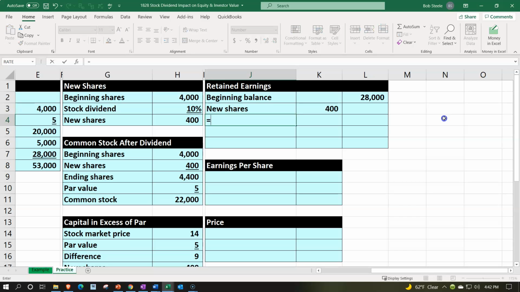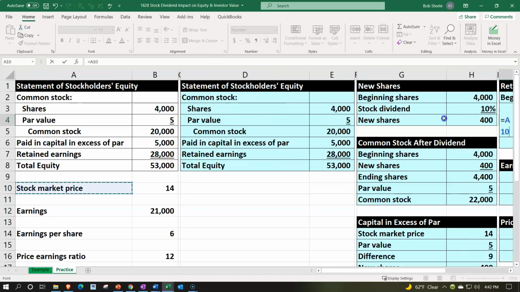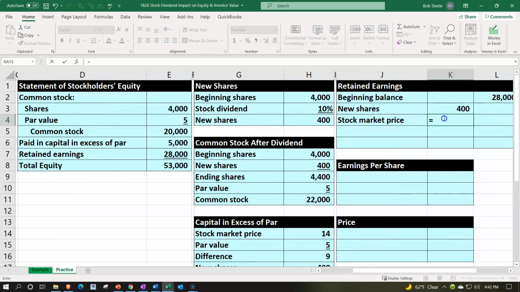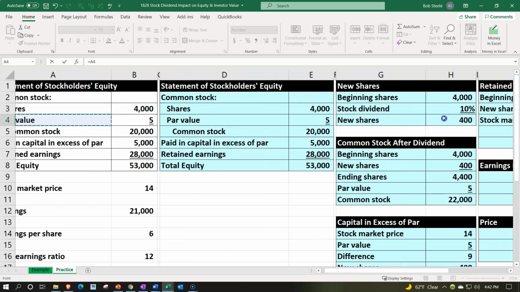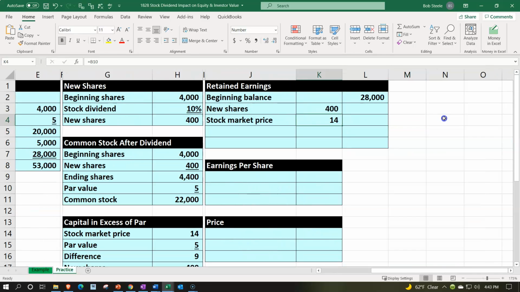And we multiply that times the stock price, which is $14, because that's the value of the new shares that we're issuing out from the company to the owners. It's not cash, but it's still a dividend. Valuable stuff here. So we're going to decrease the retained earnings by it.